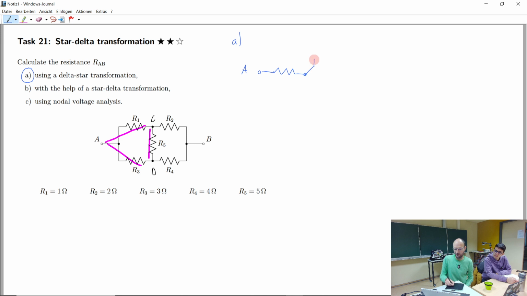And then we have another resistor going to node C. And then we have another resistor going to node D. And let's call this here maybe 0 because it's the star point in the star. And then we still have the remaining resistors R2 and R4. And they then are somehow connected at the end to this node B.